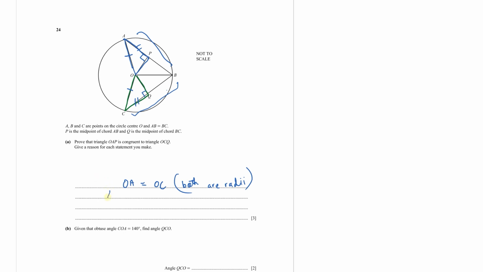Then angle APO equals angle CQO, which equals 90 degrees. So both angles are 90 degrees because a line from the center of a circle to the midpoint of a chord is perpendicular to it.